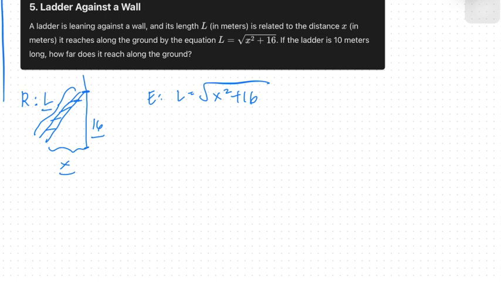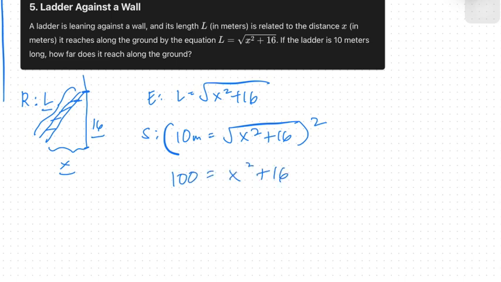Okay, so if the ladder is 10 meters long, how far does it reach along the ground? So we are looking for your x. So if the ladder is 10 meters long, so 10 equals square root of x squared plus 16. We just square everything. This is going to be 100 equals x squared plus 16.